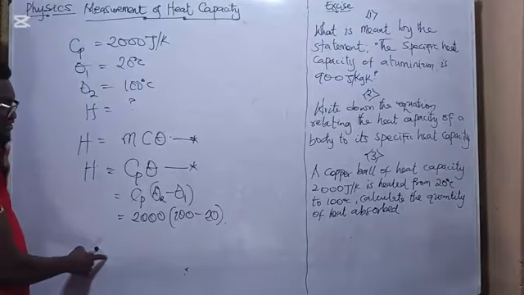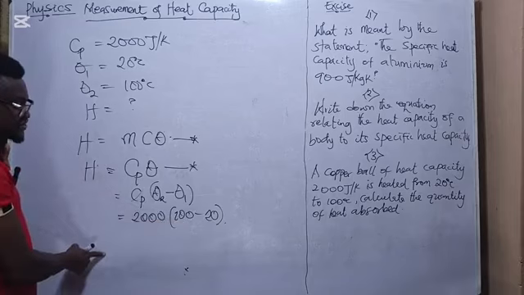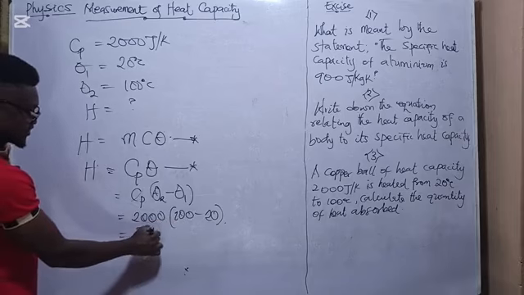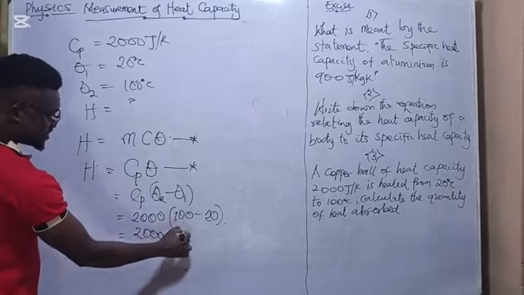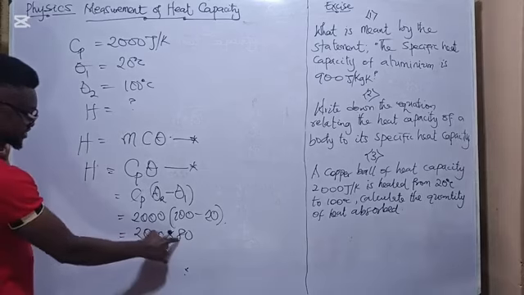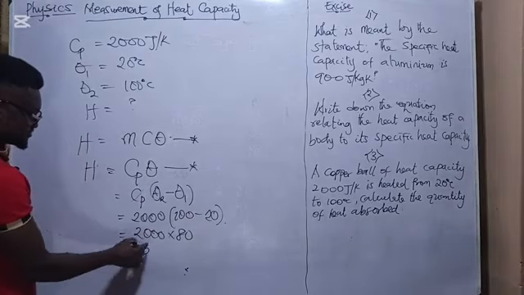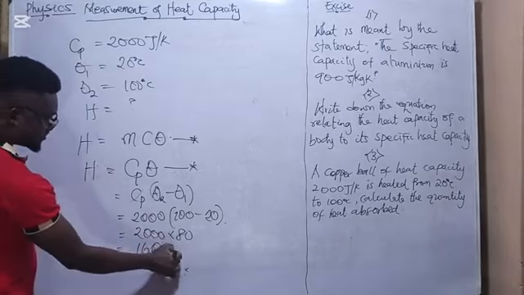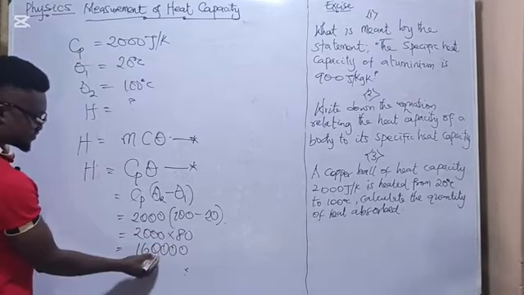If you take the difference between 100 and 20, we get 80. If you multiply 2 times 8, we have 16. Then you have 4 zeros here. So we now have what?